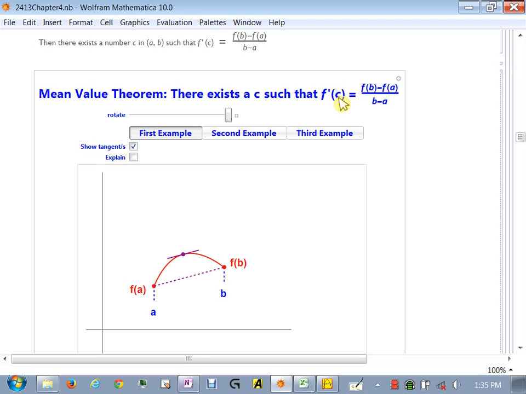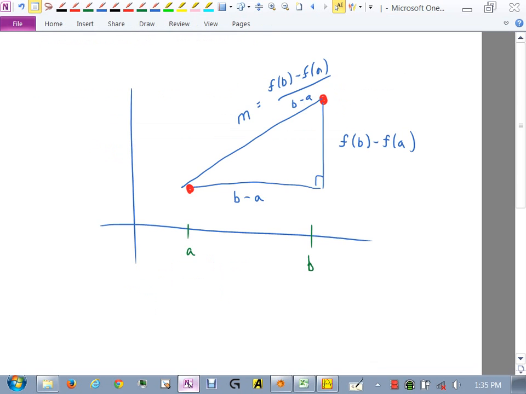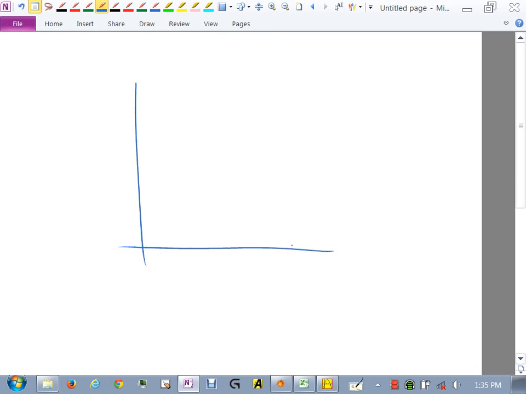Understand what mean value theorem says? Now, when you look at the line that connects 2 endpoints of a curve together, we call this the average value, the average. The best way, I think, to look at it is in terms of distance and time. If you have time here, you have distance. Let's say you start at 0.